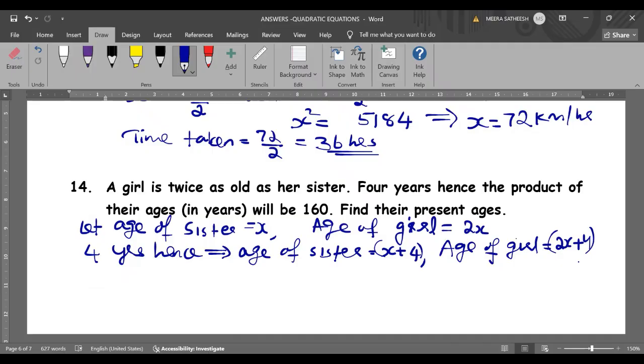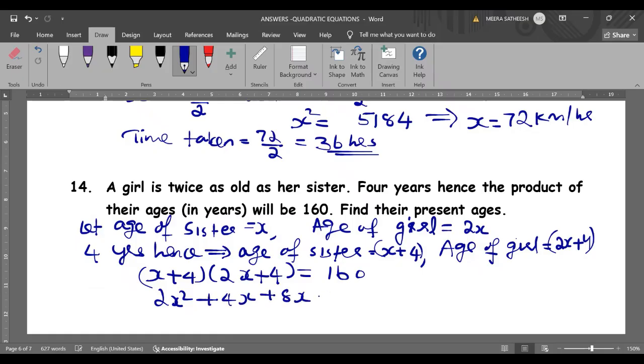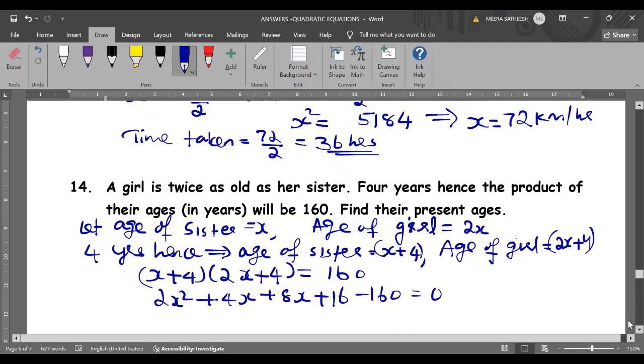Next, what is given? Product of their ages after 4 years, 160. So that means x plus 4 into 2x plus 4 is equal to 160. So simplify this. x into 2x, 2x square, x into 4, 4x, 4 into 2, 8x, 4 into 4, 16. This 160 will bring this side, 0.